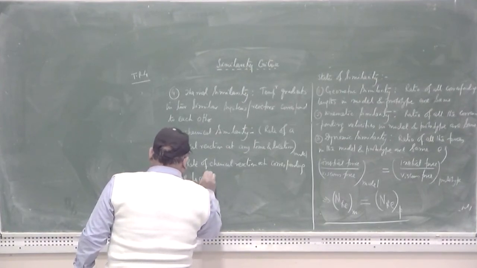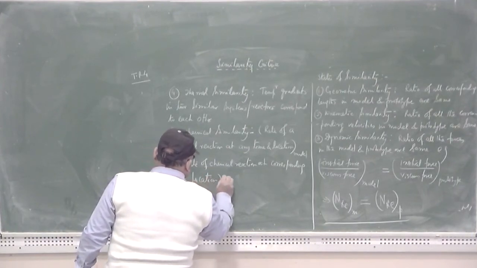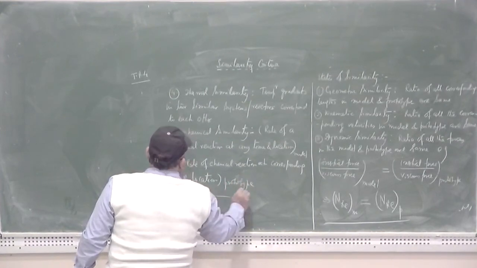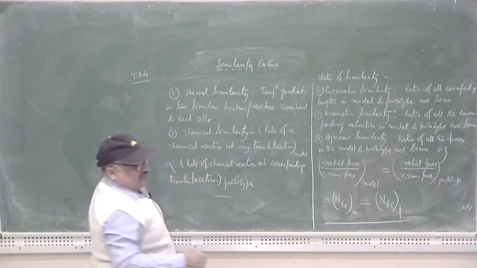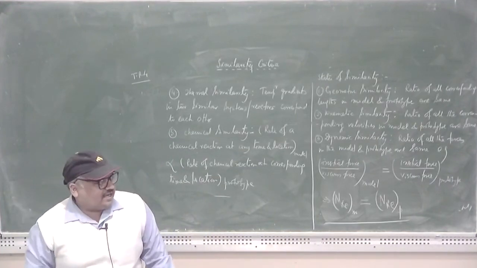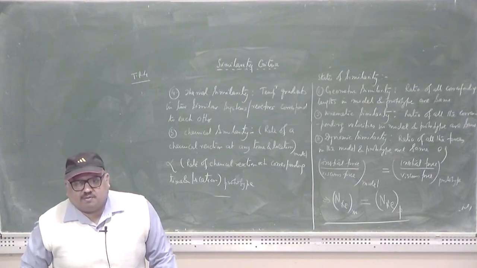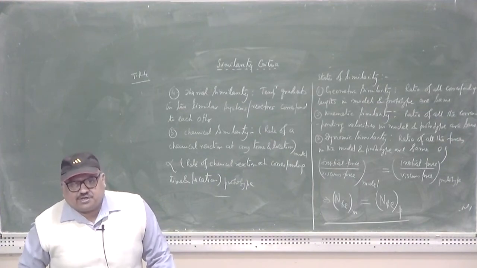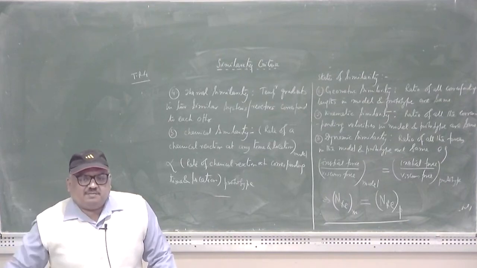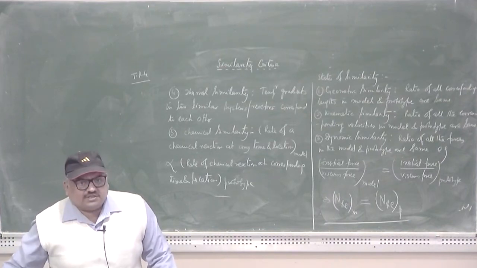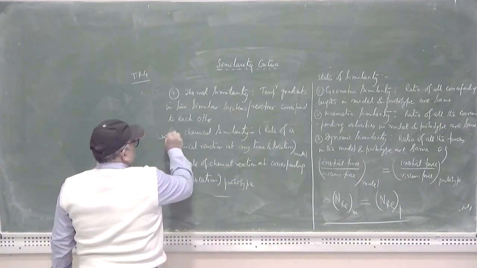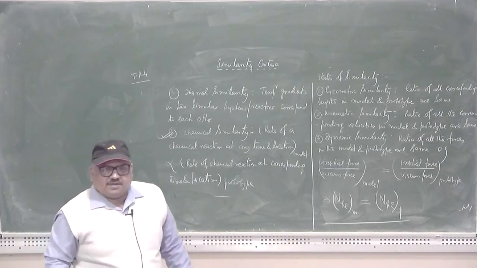That means if the rate of a chemical reaction at a particular time and location in reactor number 1 or system number 1 is proportional to the rate of the chemical reaction at the corresponding time and location in reactor number 2 or system number 2 or the prototype, then such similarity is called chemical similarity.